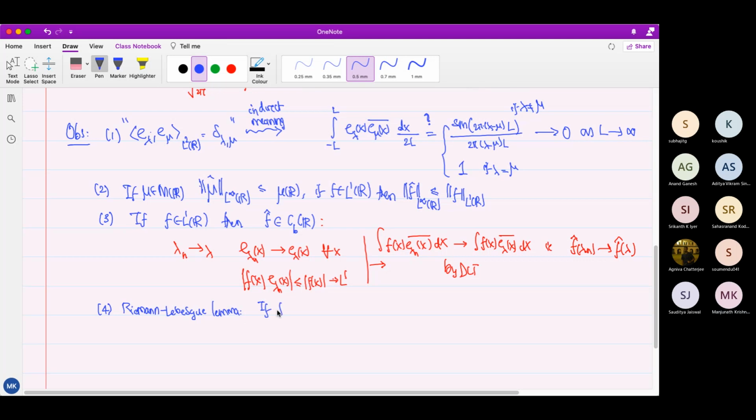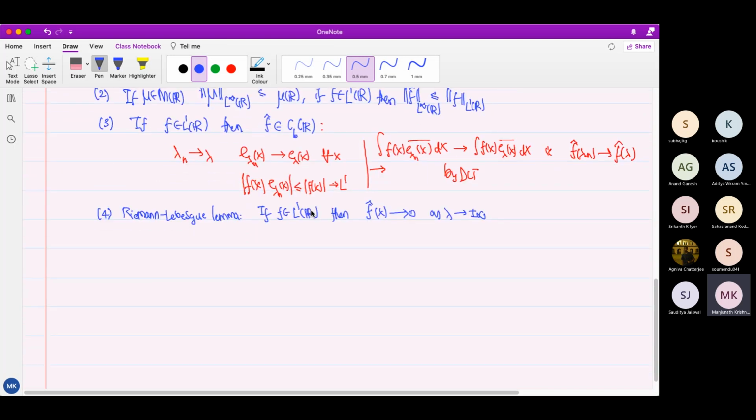If f is in L1 of R, then f hat of lambda goes to 0 as lambda goes to plus minus infinity. It vanishes at infinity. So overall, if you put the three properties together, Fourier transforms of L1 functions are continuous functions which vanish at infinity. So they will also be uniformly continuous for that reason alone. But anyway, so this is a theorem.